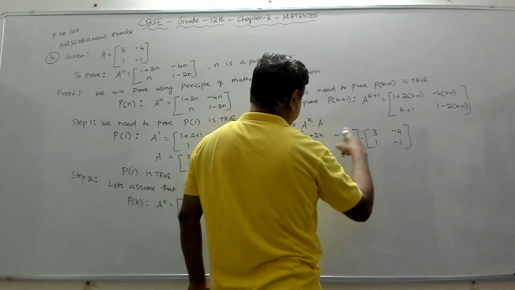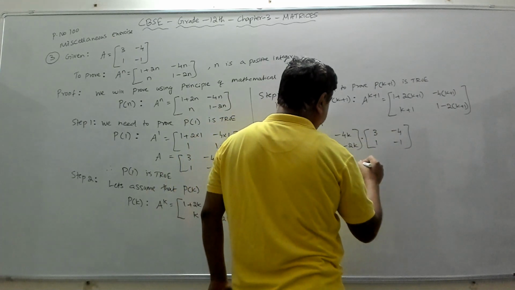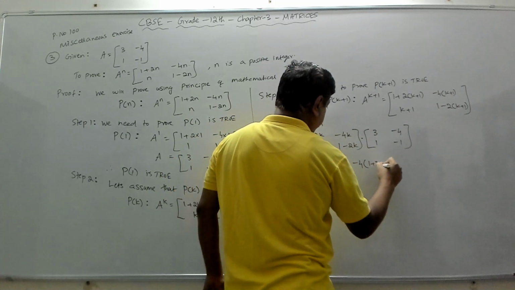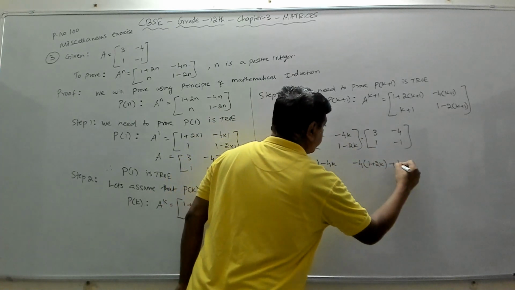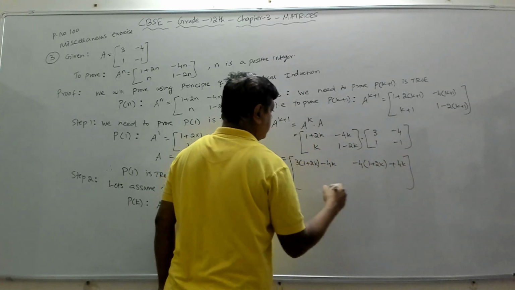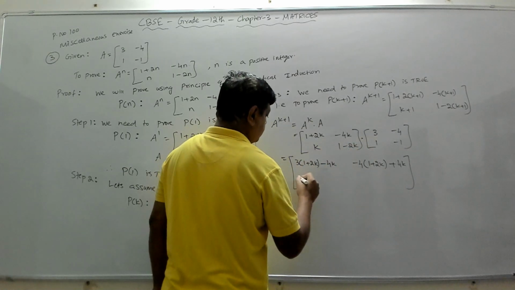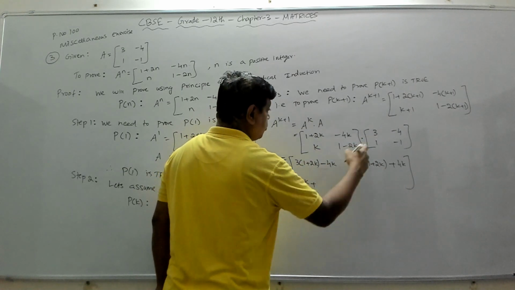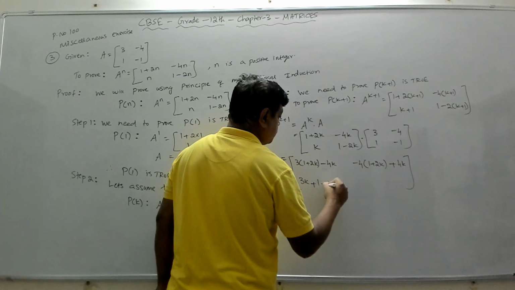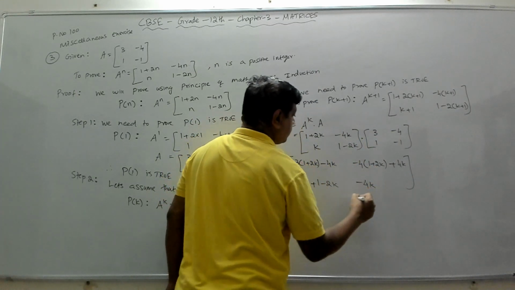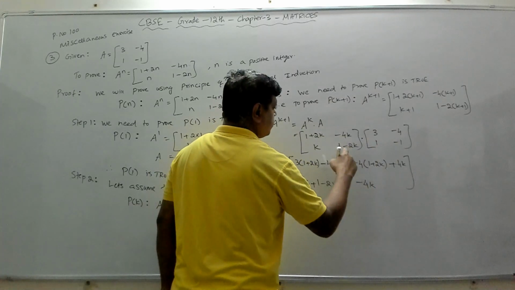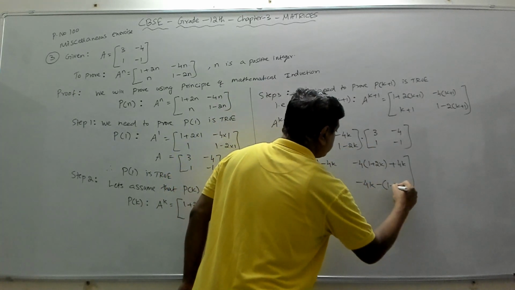Then next element, 1 plus 2k into minus 4 will become minus 4 into 1 plus 2k. Then minus into minus plus 4k. Then k into 3 is 3k, plus 1 into 1 minus 2k is 1 minus 2k. Then k into minus 4 is minus 4k. Then again minus 1 into this is minus of 1 minus 2k.